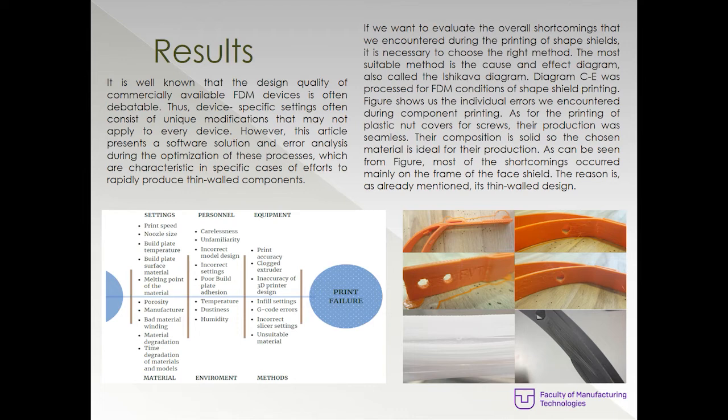Therefore, in this article, we have sought to analyze the shortcomings identified during that period using a cause and effect diagram. Also, on the basis of the analysis of the process of 3D printing and assembly, it was possible to shorten the time from the original 4 hours to something around 1 hour.